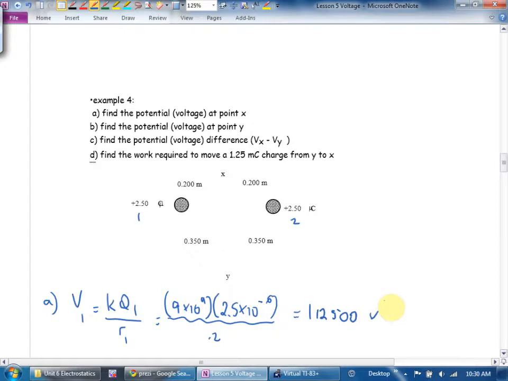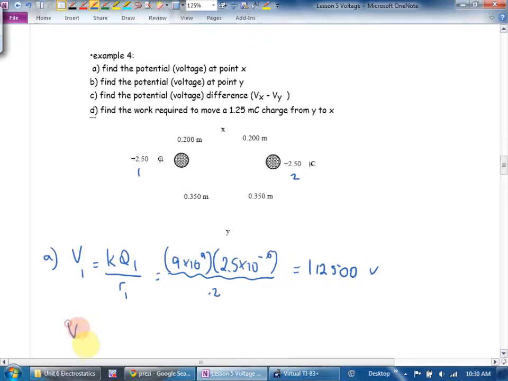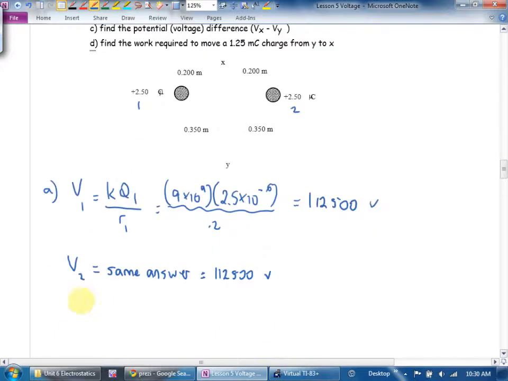What's the voltage from charge 2? Well, does charge 2 have the same magnitude? Yeah. Same distance? So I'm just going to write the voltage at location X is going to be 2 times 112,500.